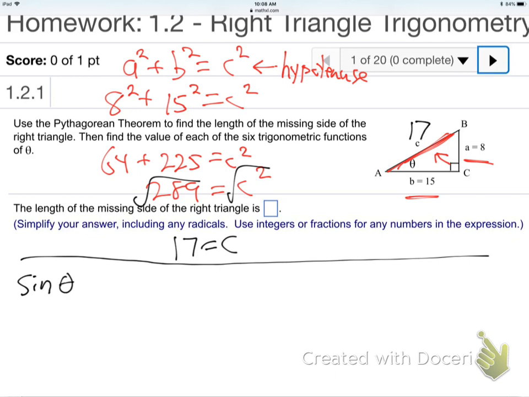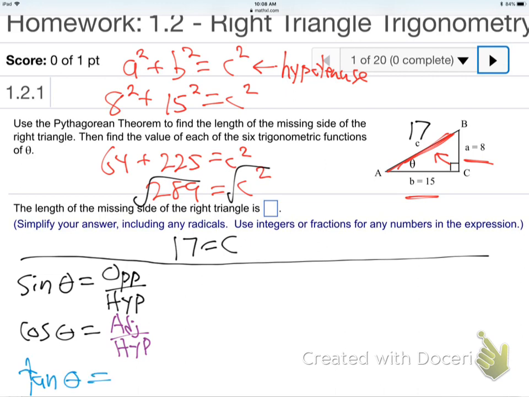Sine of any angle theta is opposite over hypotenuse. Have you seen that before? Sine is opposite over hypotenuse. Cosine, what's the rule for cosine? That's right, adjacent over hypotenuse. And then come on down here for tangent.